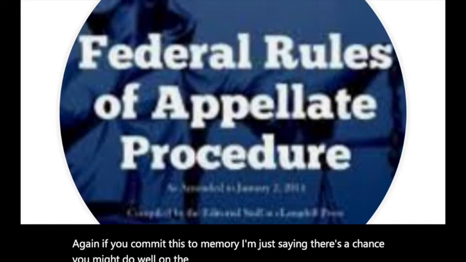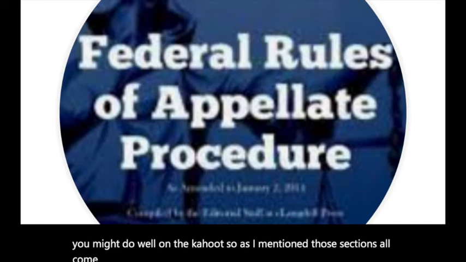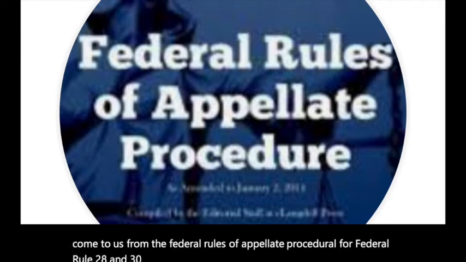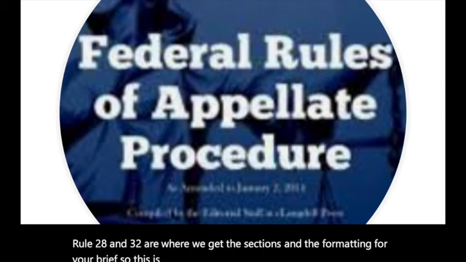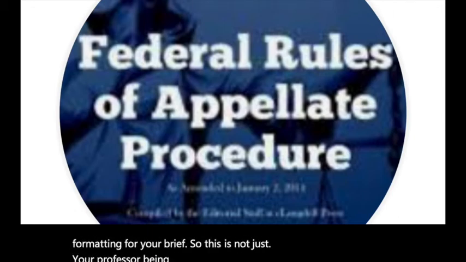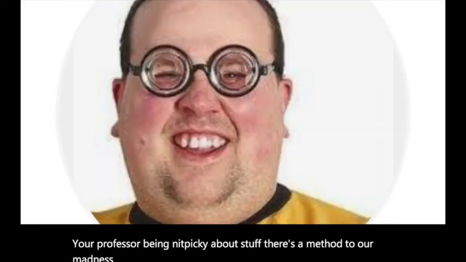So as I mentioned, those sections all come to us from the Federal Rules of Appellate Procedure. Federal Rules 28 and 32 are where we get the sections and the formatting for your brief. So this is not just your professor being nitpicky about stuff. There's a method to our madness and a real world reason for it.